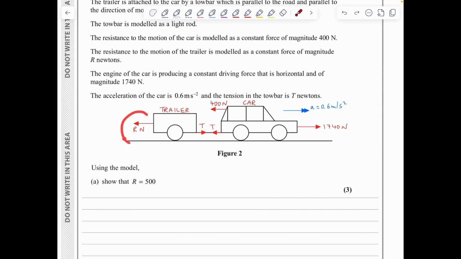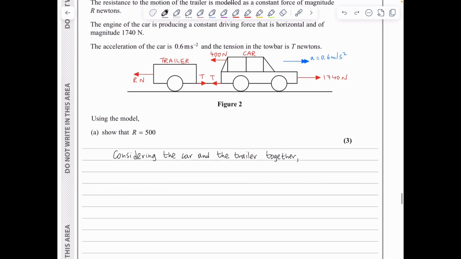We are trying to find R here, so I will be considering the car and the trailer together, which means that forces acting to the right, which is the 1740, minus forces acting to the left, which is the 400 and the R, is mass times acceleration. Notice here that the tension is going to cancel out.